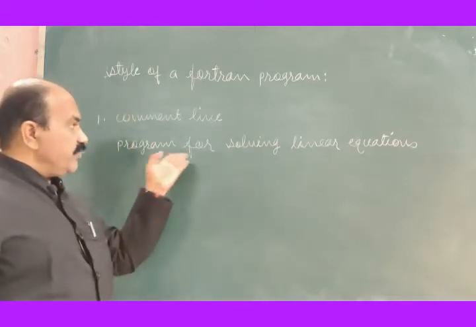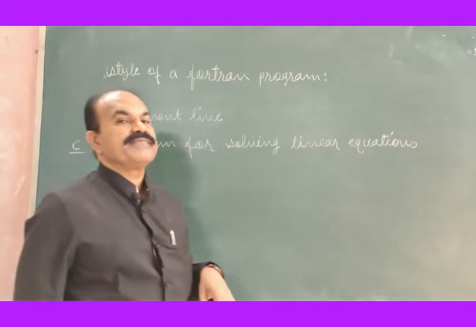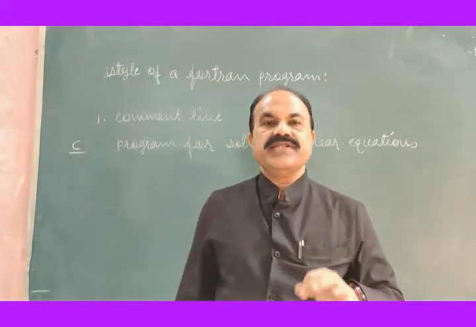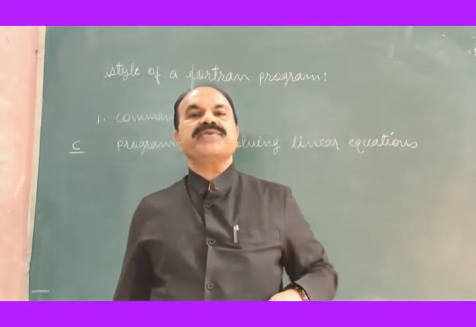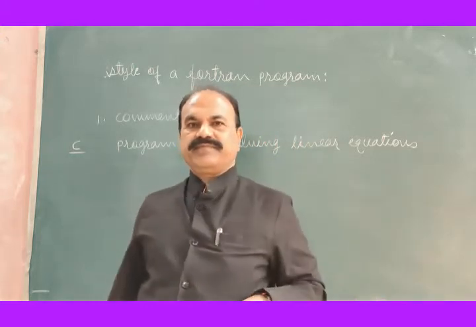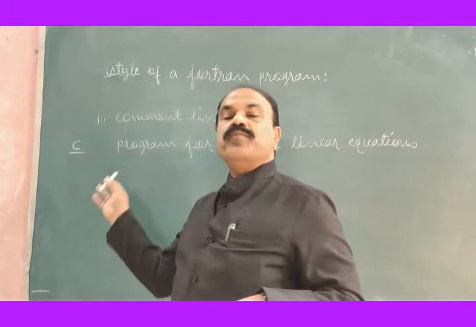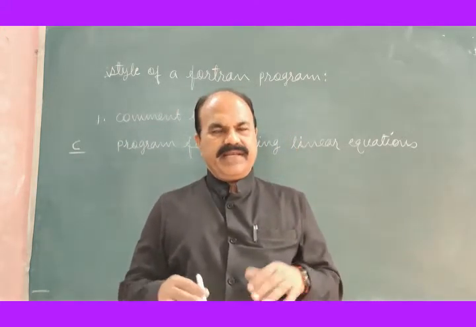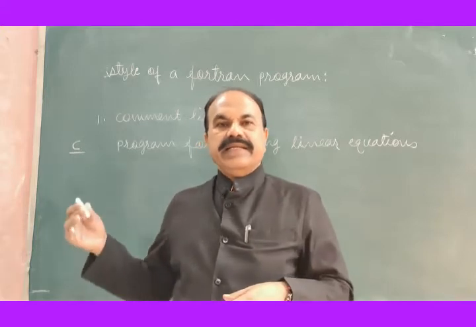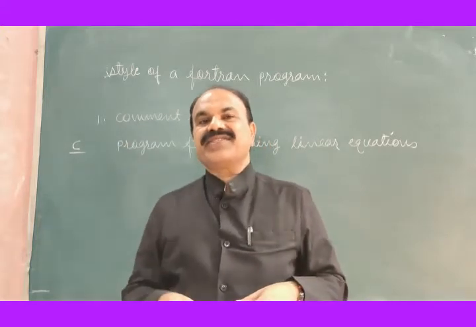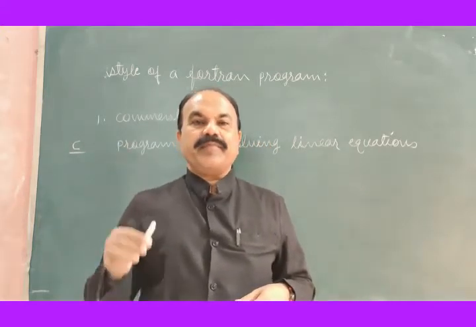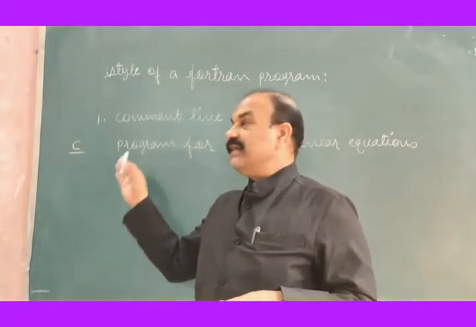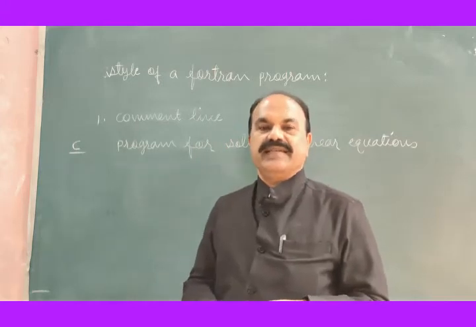So, what is the meaning of this comment line? Comment line serves the purpose of the program that you are going to write. I mean, the comment line tells us the purpose of the program written after this comment line.